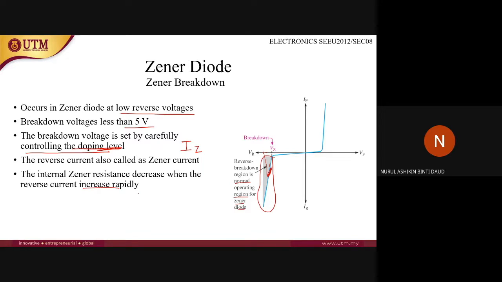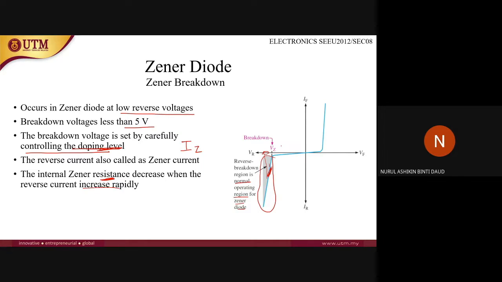So when you increase the reverse voltage, it will also decrease the impedance, the resistance inside the Zener, because current can flow rapidly even though the change of voltage is very, very small. It means that the resistance is decreasing when the reverse current increases rapidly, right?